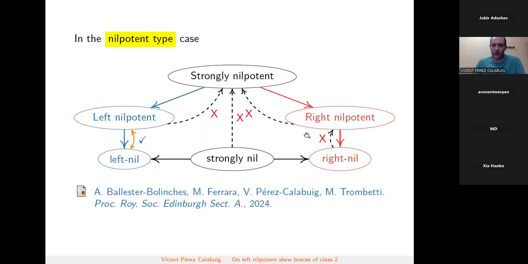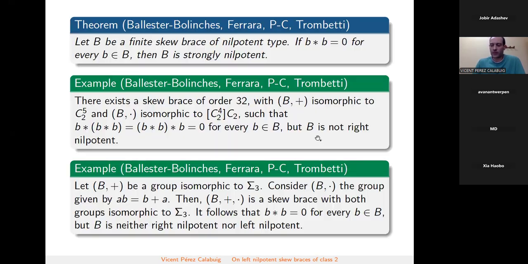And if we look at the examples showing that these two implications are not true, these examples show that the result is the best we can get in this sense, because here we found a skew brace of order 32, which is isomorphic to a two-elementary abelian group, so it is of abelian type, and it is 3 strongly nil, and in particular 3 right nil, but it is not right nilpotent, and of course not strongly nilpotent.